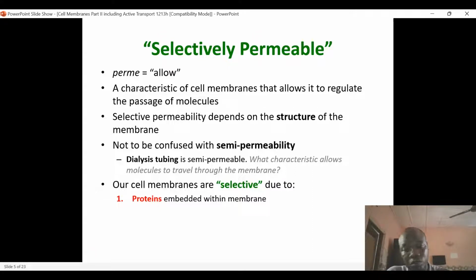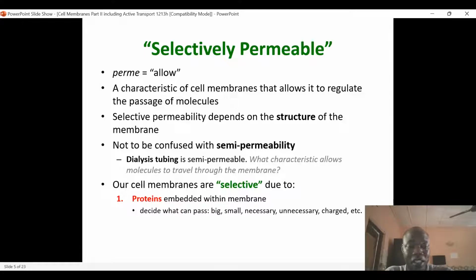Remember from the previous lectures, we talked about the different types of proteins found in the cell membrane. It can be integral proteins and it can be peripheral proteins. So one of the reasons the cell membrane is selectively permeable is because of the proteins embedded in the cell membrane.